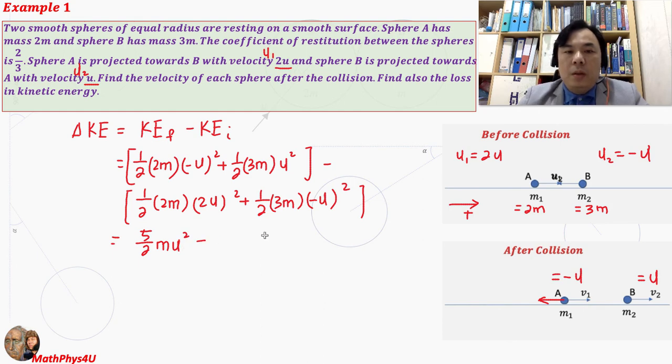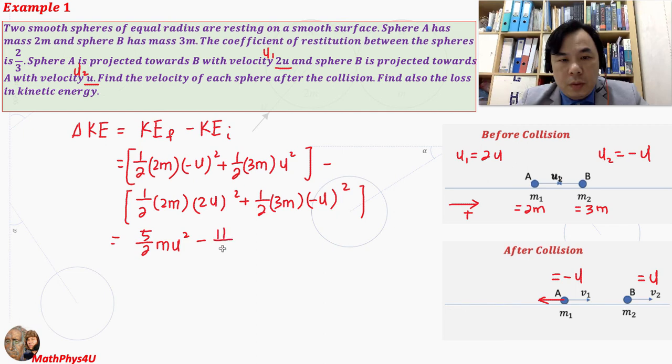Subtract off what do we have here? We have 4 mu square here. You have 4.5 here. So this is 4, 9 over 4. This is 4. Let me see. Did I get it right or not? This is a 4, 8, 11. So 11 over 2.